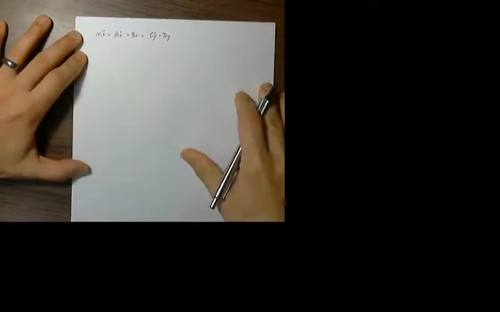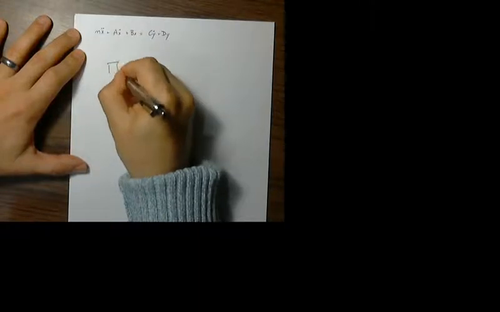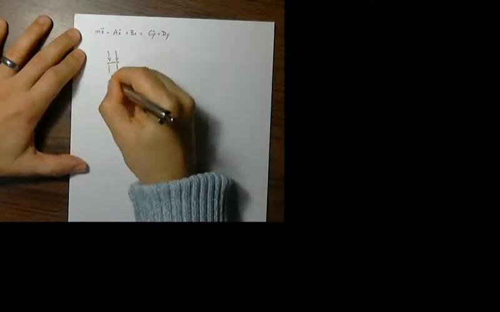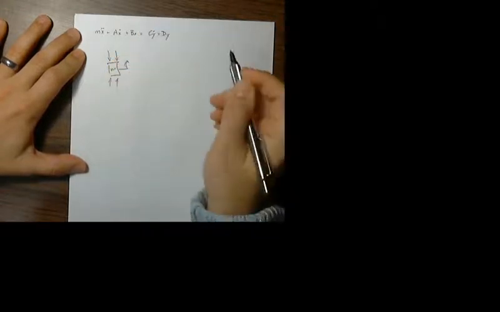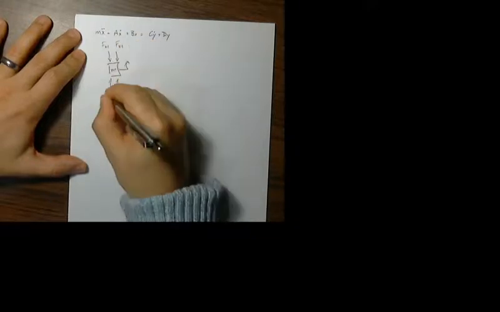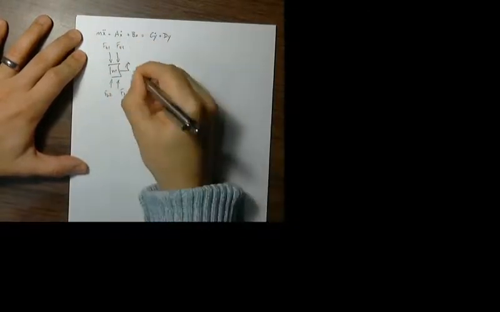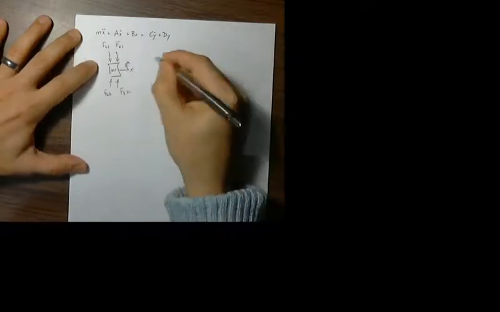So we need to figure out what a, b, c and d are. Just quickly writing my free body diagram here, this was B1, this was K1, this is B2, this is K2, this is X.